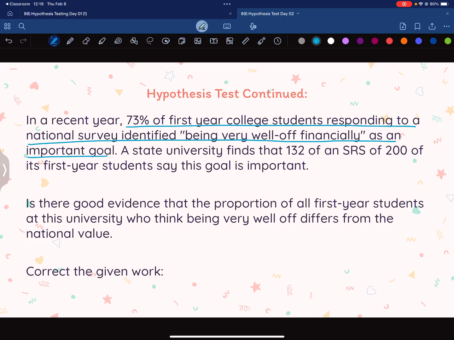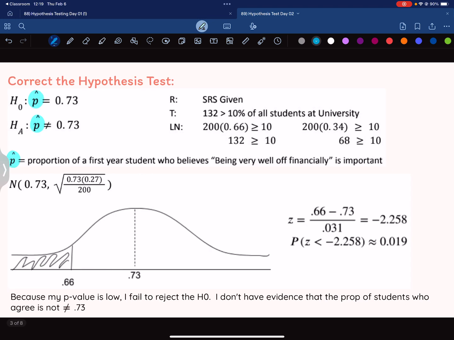That's all based off of national information. This is your true amount, but it's P. So your 0.73 is P. While the 0.73 is good, it should all be P equals. It's always based off your true proportion. Okay, so that's my big red flag. I see that one from a mile away, right? So that's big.